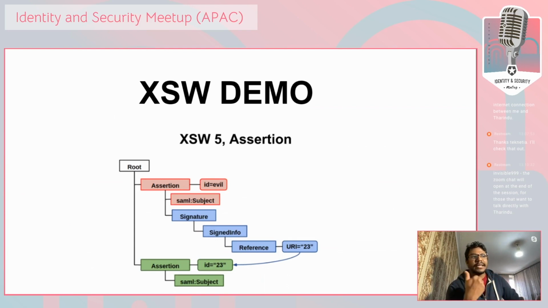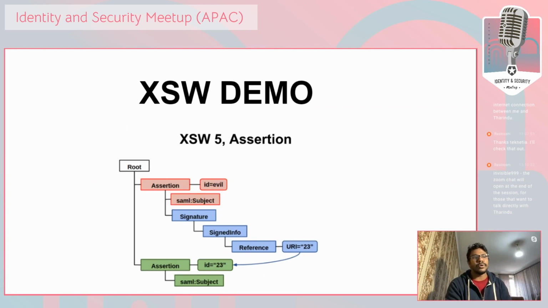When this XML message is received by the client, it needs to parse it and then perform the signature verification. It will look at the fake assertion, the red color one, go into its signature element, and find the reference URI. It will pick that reference, go to the original assertion which has this reference, and take the plain text data from that assertion.